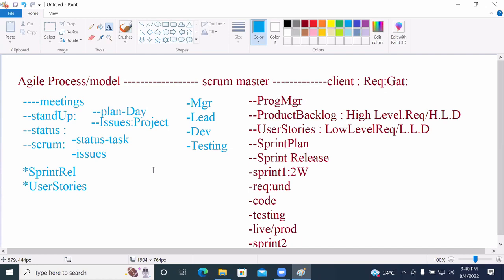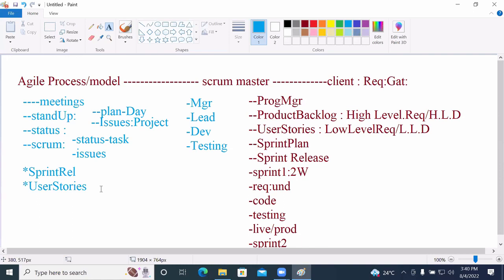And then he will have a discussion about what exactly that particular sprint release is. He needs to discuss it: as part of sprint 1, what are the user stories? What about sprint 2? What are the user stories that need to be worked on? All those discussions will be done with the help of the Scrum Master here.